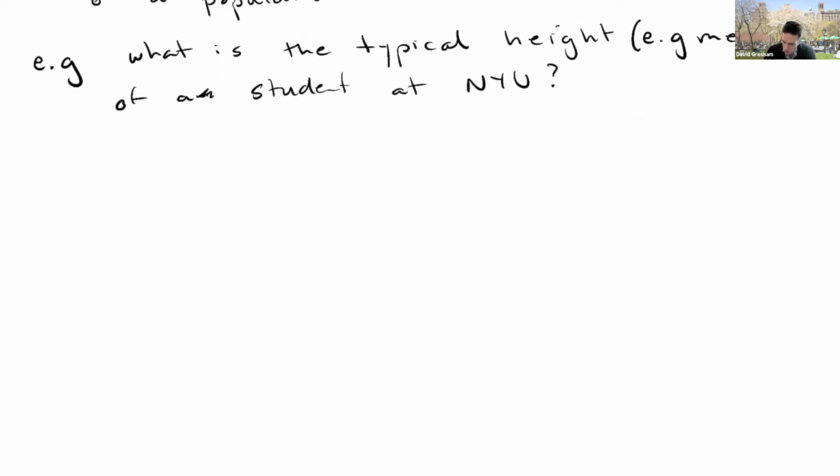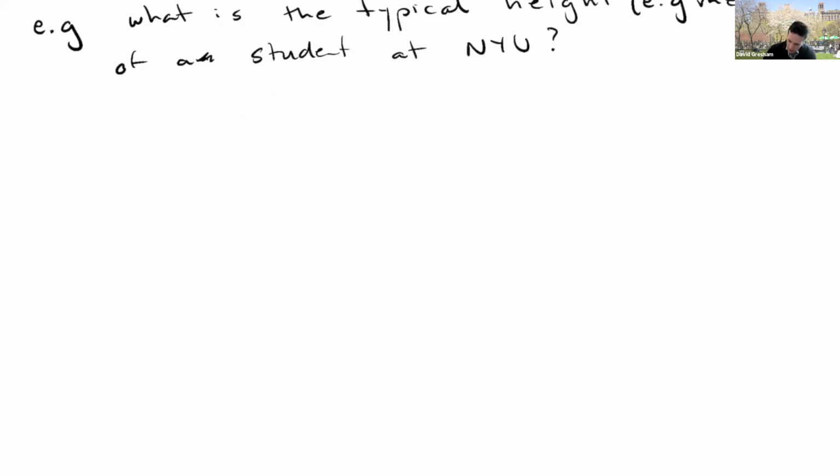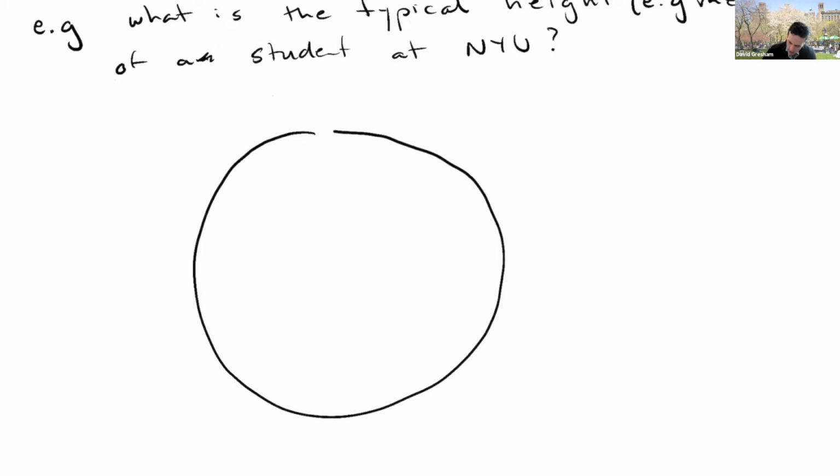And so the reality that we are faced with is that we have a population of students at NYU. And let's define that population as being within this circle. And let's say that the total population size of NYU students is 21,638 students.